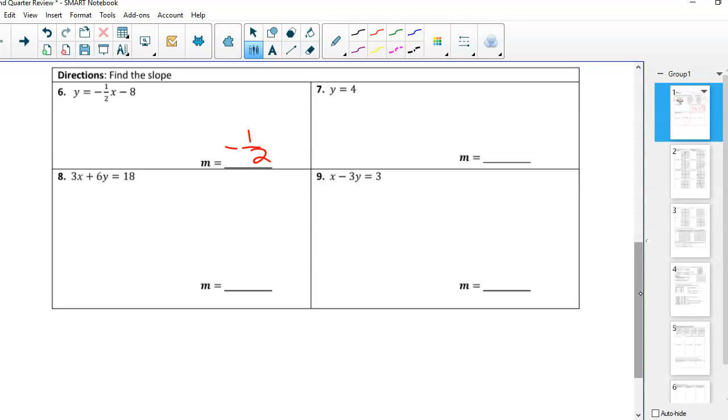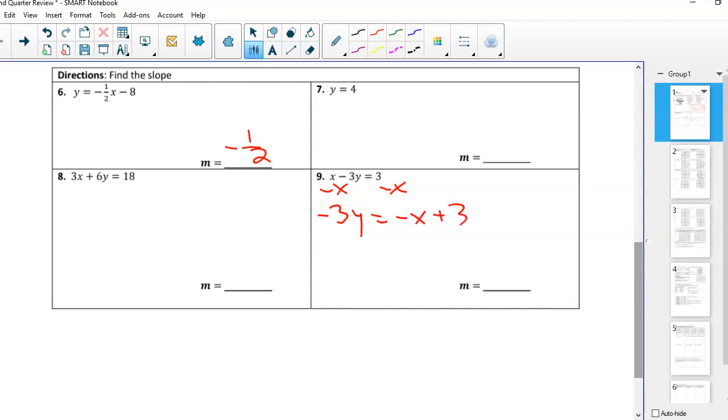We'll start this one and then we'll see how much time we have. Let's do 9. So for this one, could we say what the slope is without doing anything? No, so I shouldn't see you do that either. We need to solve this first. How would we solve this to put in slope-intercept form? Subtract x from both sides. So -3y equals -x plus 3.